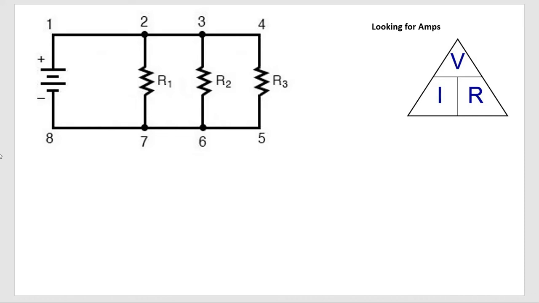Now, let's look for amps. So this was 10 ohms, this one was 20 ohms, and this one was 30 ohms. And we had 10 volts. Now when we 1 over x'd everything, our volt total equals 10.